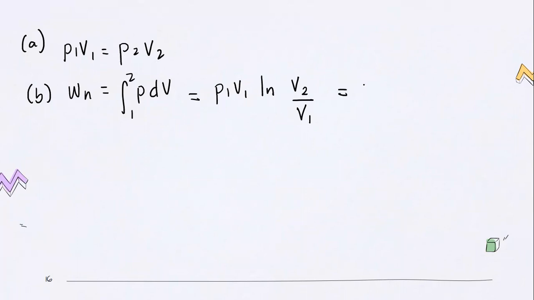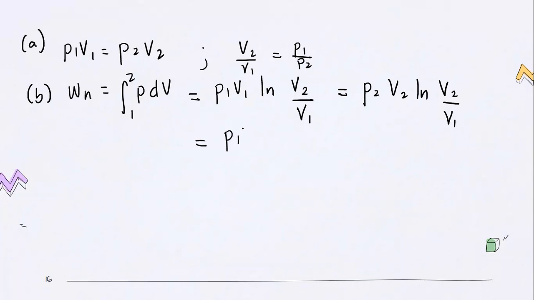Therefore, that is also equal to P2 V2 ln V2 over V1. From this one, V2 over V1 is equal to P1 over P2. Therefore, this one is equal to P1 V1 ln P1 over P2, which is also equal to P2 V2 ln P1 over P2.